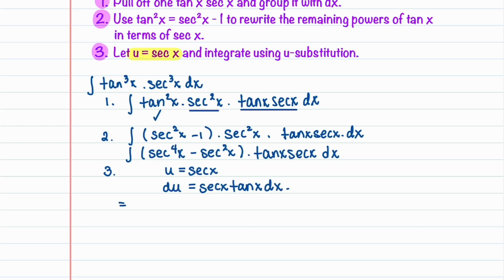So this becomes the integral of secant to the 4th, so that's now u to the 4th, minus secant squared is u squared, and then we have our du. This is a nice one to integrate. This is just 1/5 u to the 5th minus 1/3 u cubed plus our arbitrary constant c.